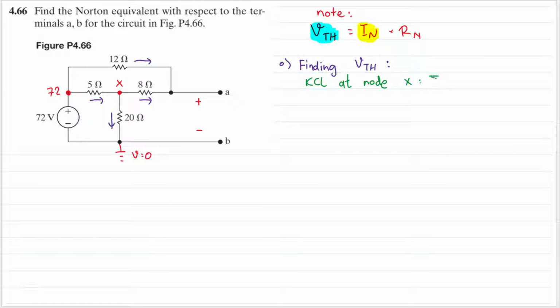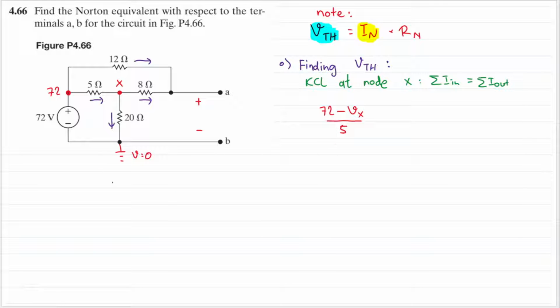And KCL said that the sum of the current that goes in will equal the current that goes out. The current that goes in is this one here, which is 72 minus Vx divided by 5.